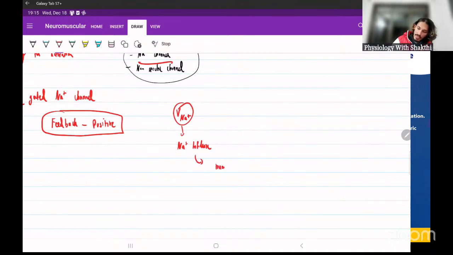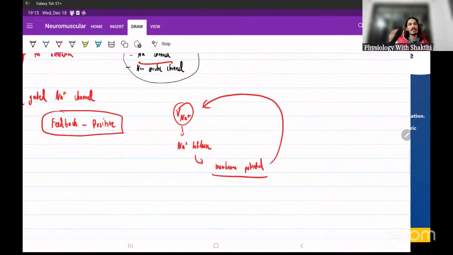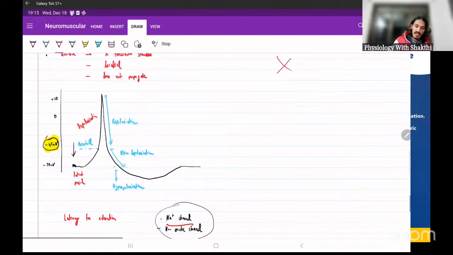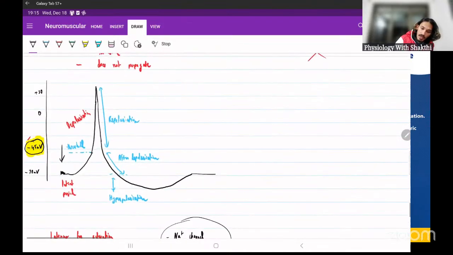So the membrane potential changes further, going more towards the positive side, which will again reinforce whatever remaining voltage gated sodium channels are there to keep opening up, which means more sodium influx, which again will keep this loop going. So this is an example of a positive feedback cycle, resulting in depolarization. It goes above 0, which is called overshoot.